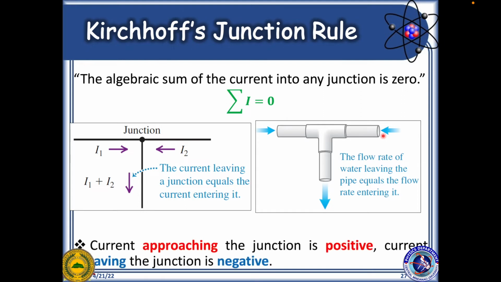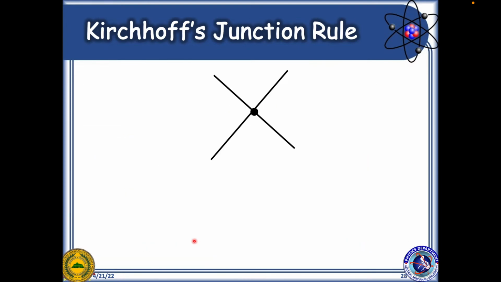And we can also use some sign conventions. The current approaching the junction would be positive, and the current leaving the junction is negative. Or we'll use another example. Here, for example, I have I1 entering into the junction, and here are your I2, I3 and I4.